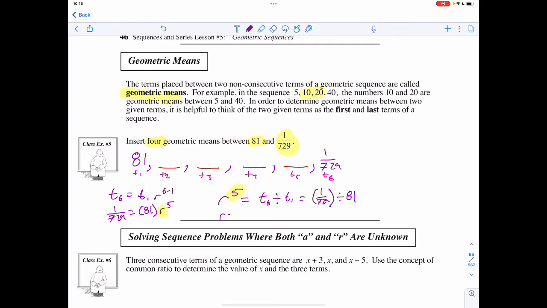So r is going to equal the 5th root of 1 over 729 divided by 81. This means that my r value is going to be 1 over 9.